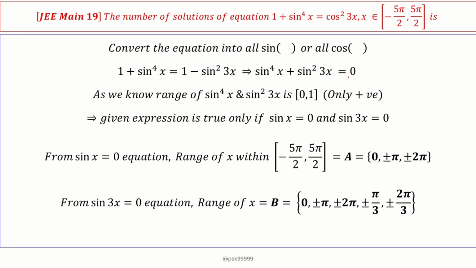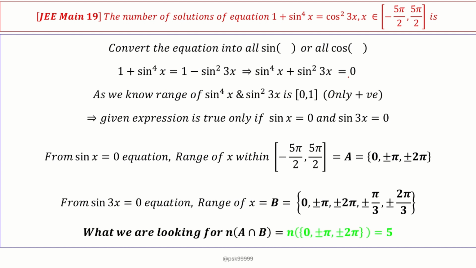But what we are looking for is the value of x which can satisfy the complete equation, right? So we are looking at the intersection. Number of elements in A intersection B is only 0, plus or minus pi and plus or minus 2 pi, which is 5 values. That is the answer.